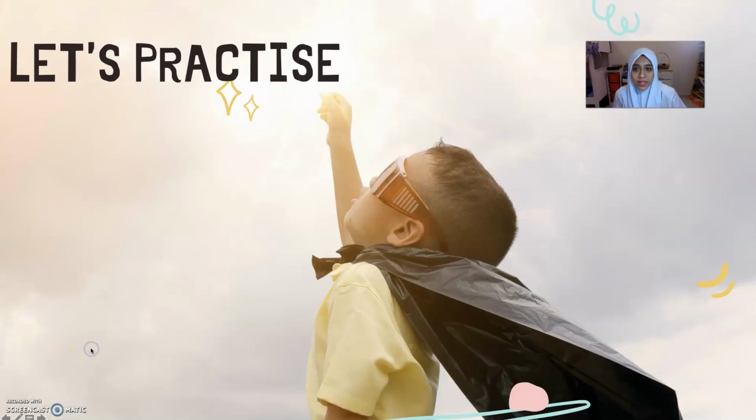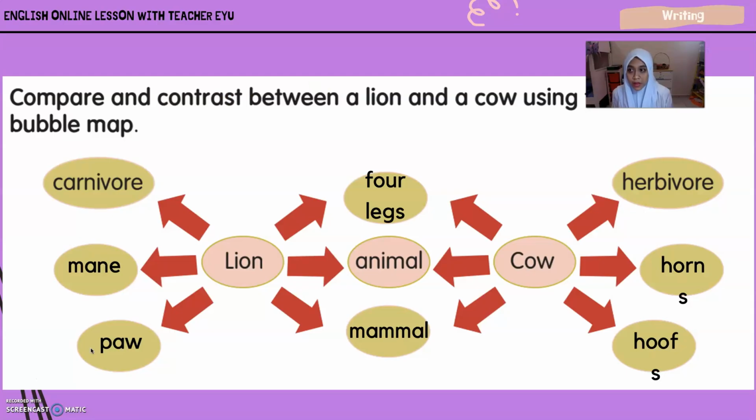Alright, so now boys and girls, let's do some practice. This practice is actually taken from your textbook, page 78. The exercise at this bottom part here. If you have your textbook, you can refer to it. The instruction, compare and contrast between a lion and a cow using the double bubble map.